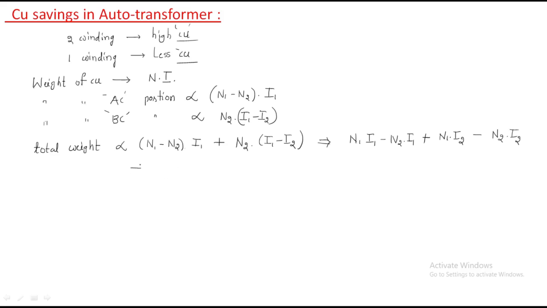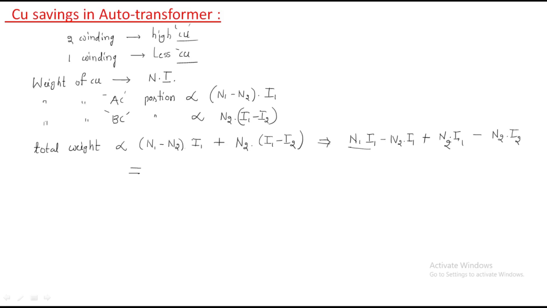That's why we can write it like this, with N2 I1 and N2 I2, and N1 I1 and N2 I2.